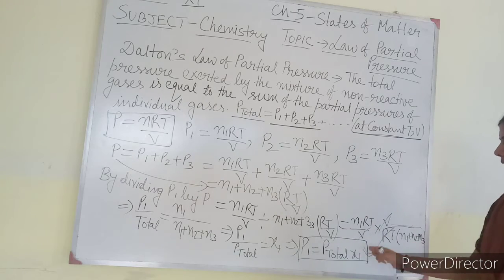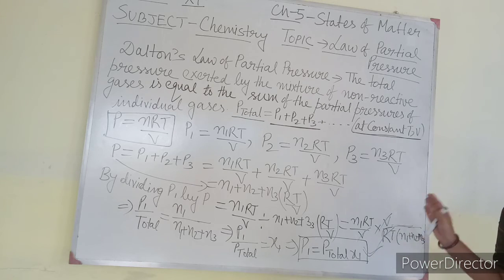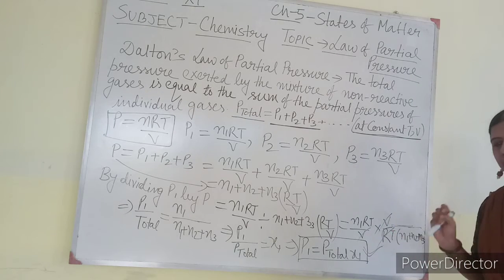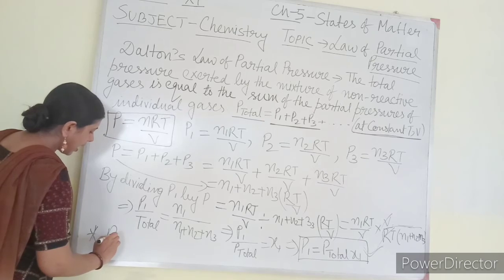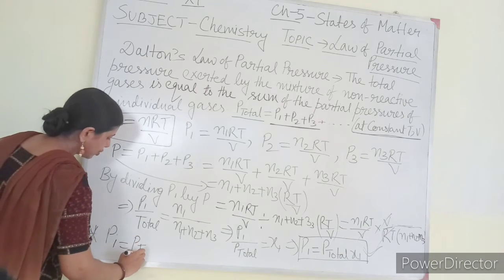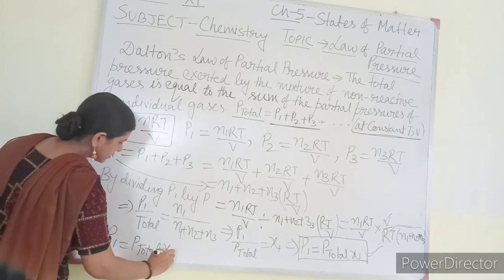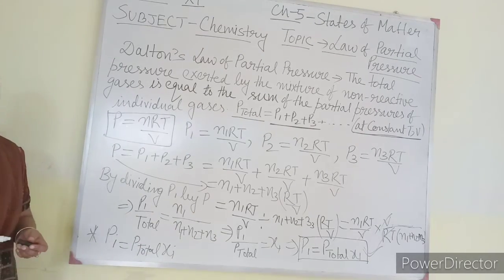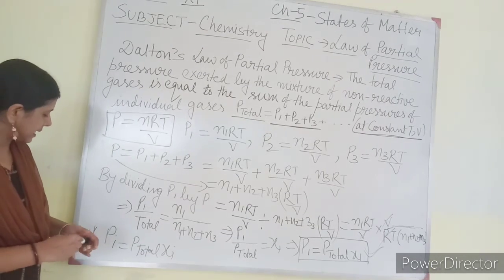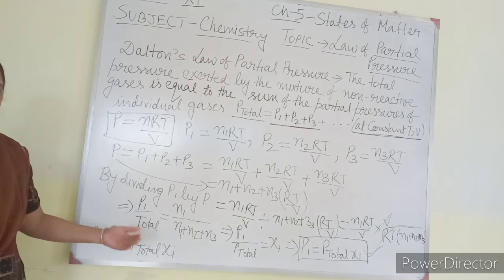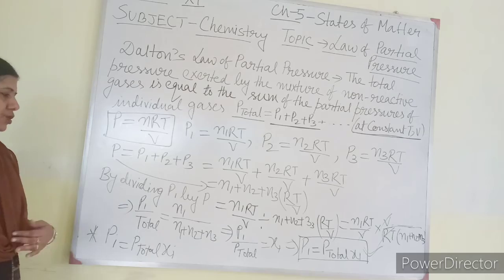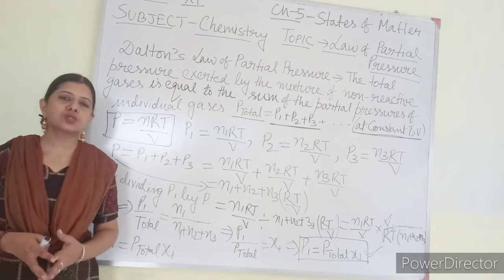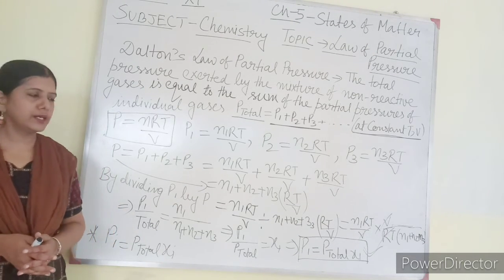So in general I can write Pi equal to P total into Xi. I can be any integer, that means number of gases. It can be gas 1, gas 2, gas 3, anything. Ultimately this is my derived equation, and using this equation you are going to solve various numericals.